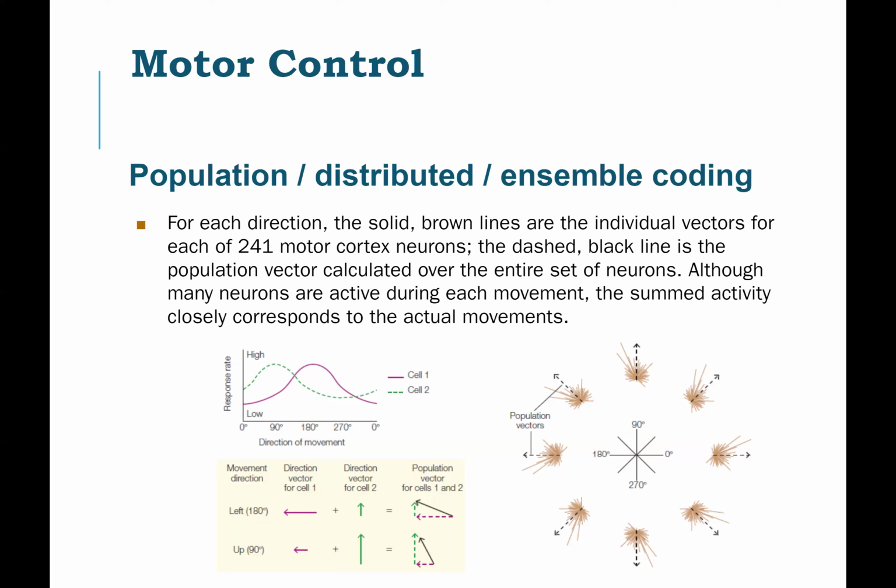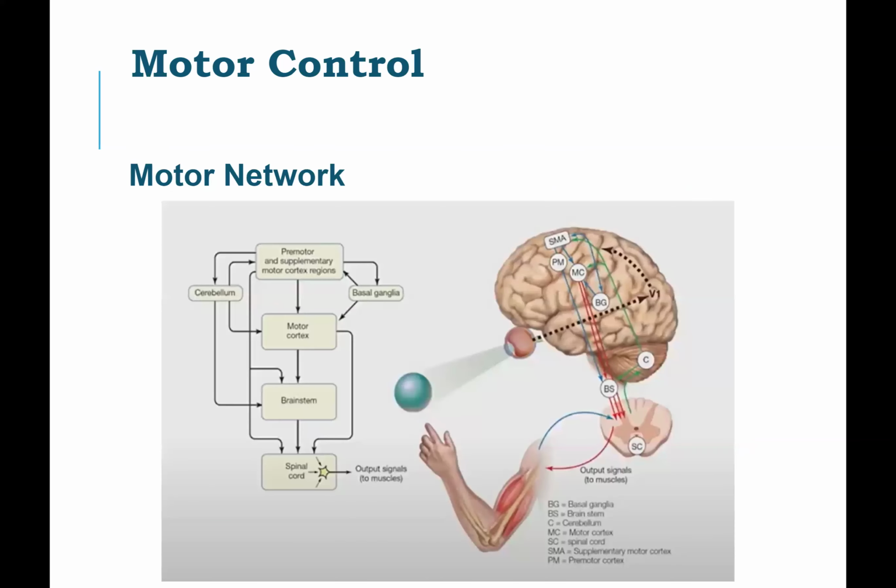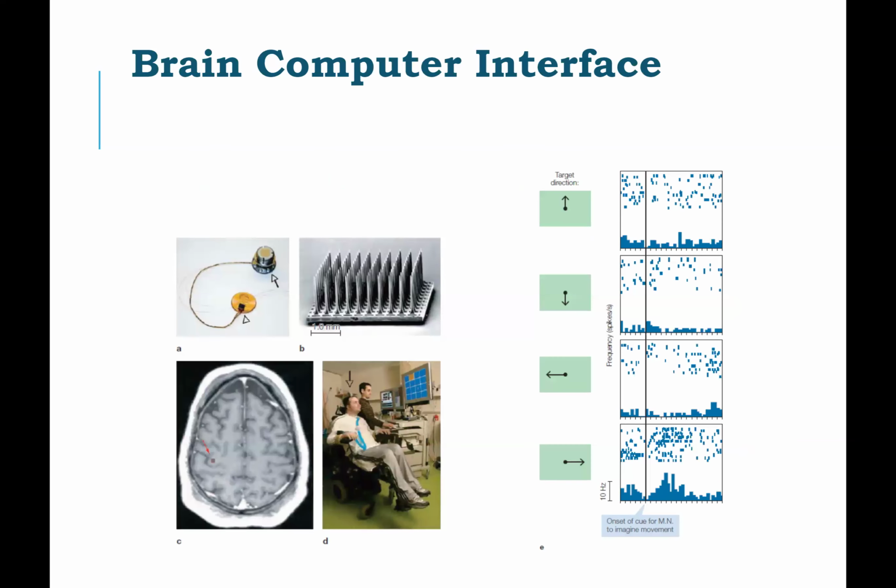Let's say I put in an electrode array, record the activity and try to predict the direction of movement, and I should be able to do that based on this finding. Some of you read the paper on the brain-computer interface for the assignment too. That is the basis of a lot of brain-computer interface devices, right?